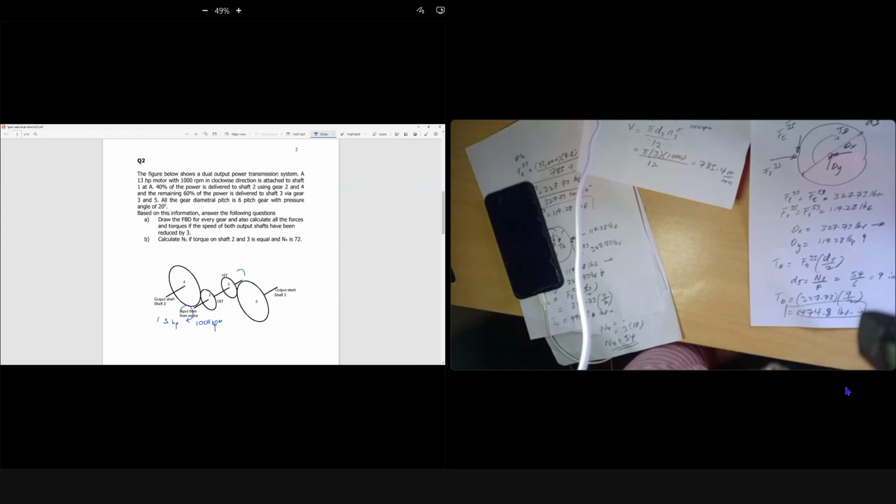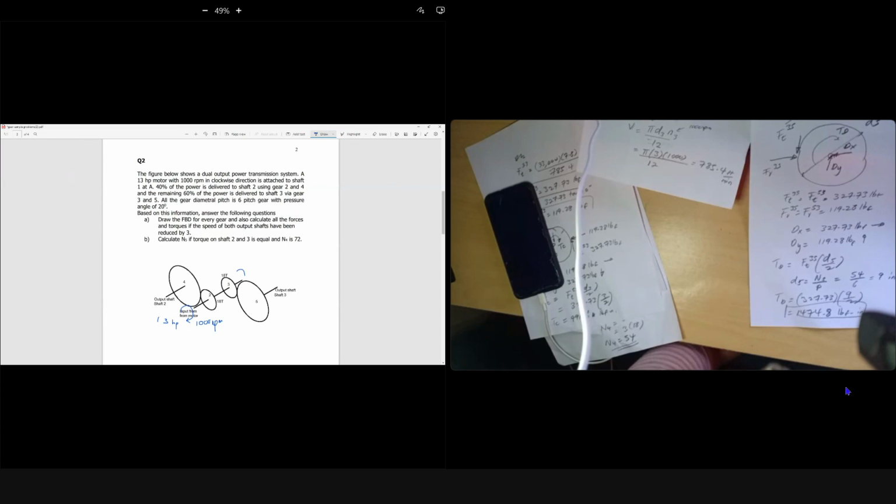And what is this 18 over 72? Which one is 72? Which shaft? N4 is 72. So the 18 is your gear train speed ratio, yeah.